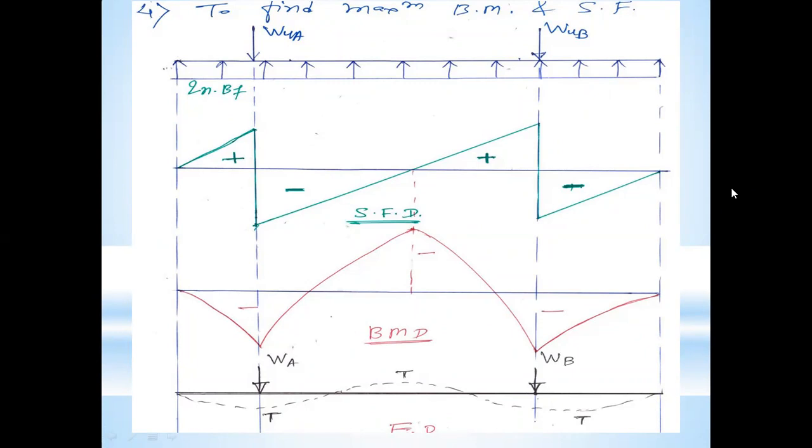Draw the diagram of the shear force and bending moment of the combined footing with the column loads WA, WB, and the footing which is carrying the load of columns A and B.